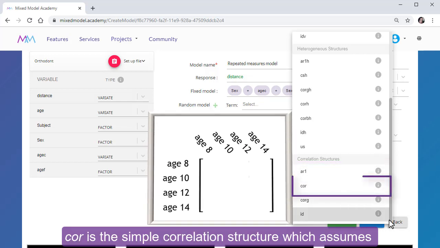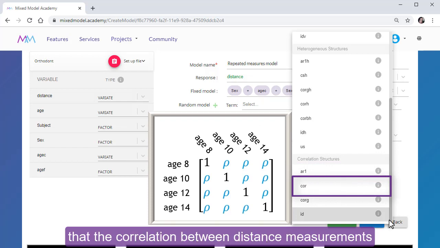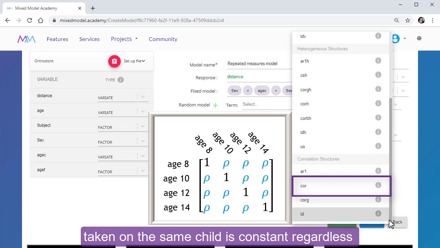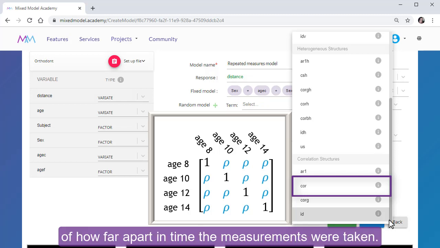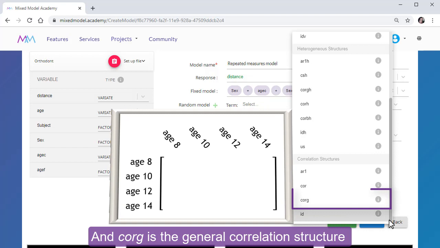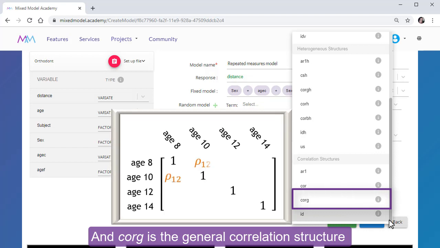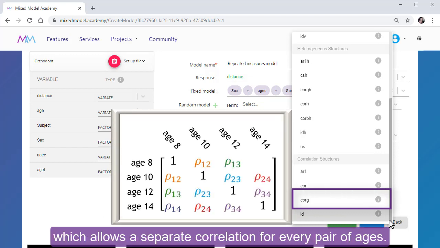increases. CORE is the simple correlation structure, which assumes that the correlation between distance measurements taken on the same child is constant, regardless of how far apart in time the measurements were taken. And CORE-G is the general correlation structure, which allows a separate correlation for every pair of ages.